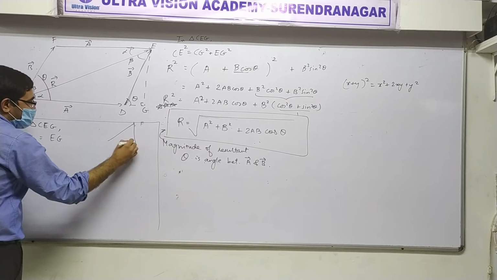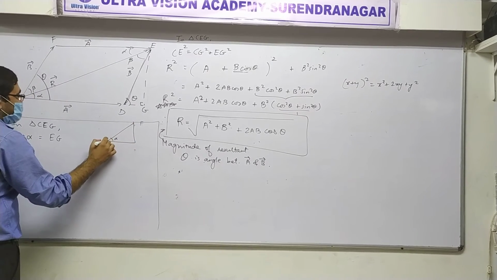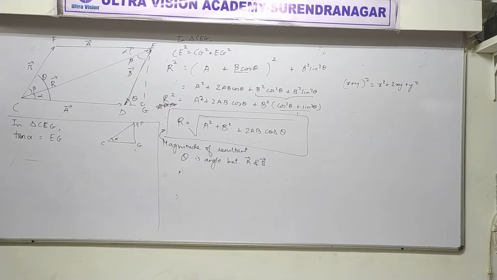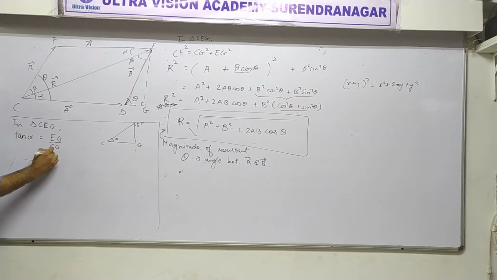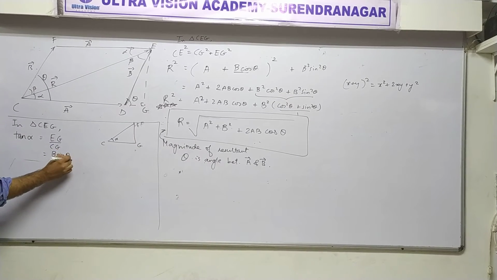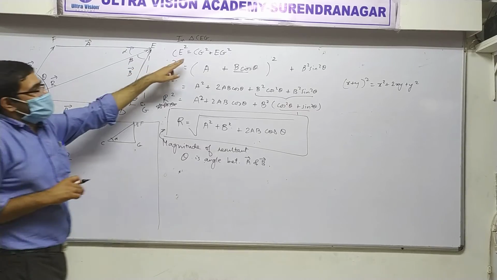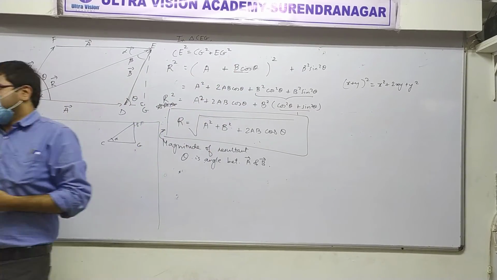If you are finding it tough, you can draw a miniature model of that triangle here. C, E, G. So easy for it. Okay, so EG upon CG. What is EG? B sin theta. Have we written it earlier? Yes. B sin theta divided by CG. What is CG? A plus B cos theta.